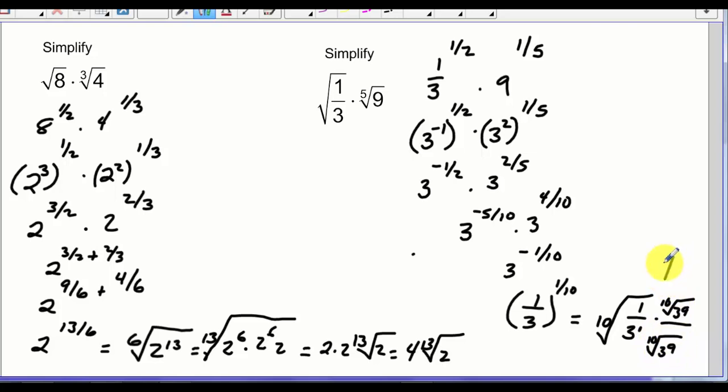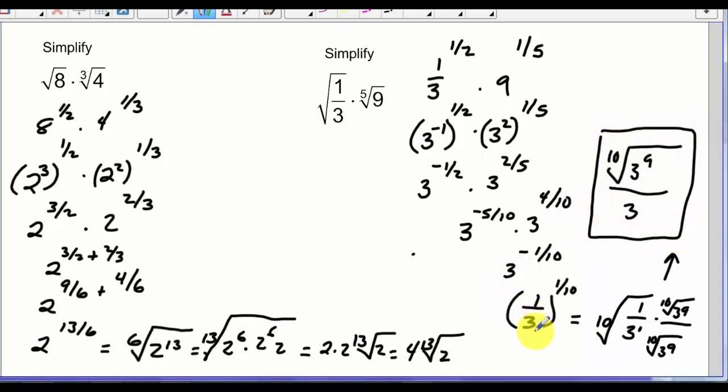I'm going to put this answer up here, sorry about that. So what I end up with is the 10th root of 3 to the 9th power, which you can put in your calculator, over 3. If they just wanted me to leave it in exponential form, that would do the trick.